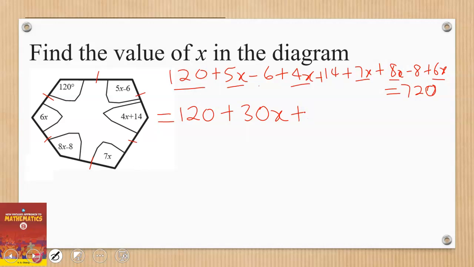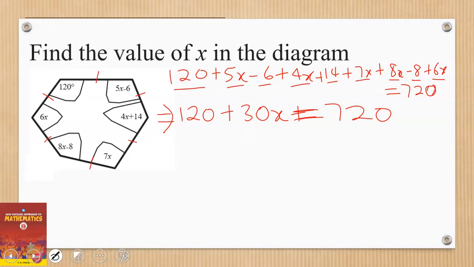Then the single numbers: we have negative 6 plus 14, and that's going to give us positive 8. Positive 8 minus 8 will be 0. And so that part is gone, leaving us with 120 plus 30x is equal to 720.